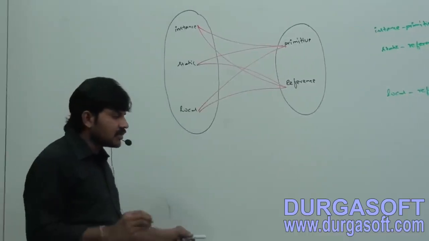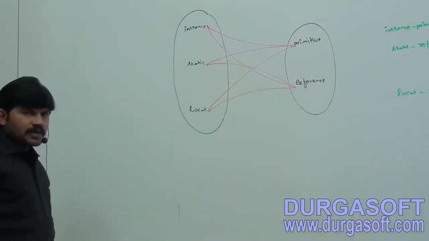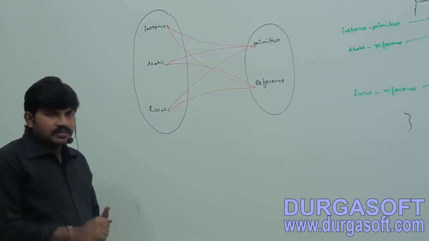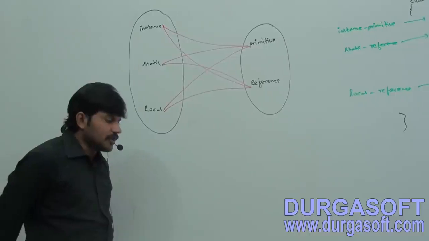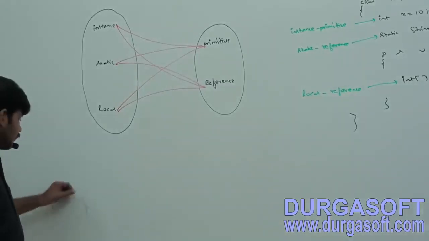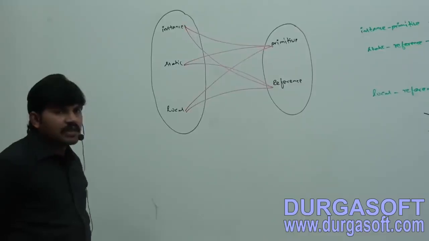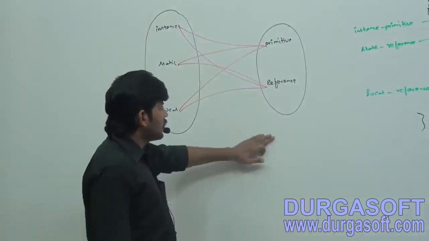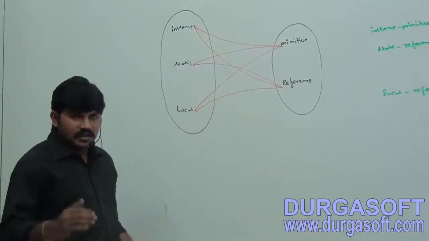Second one: every variable in Java should be either primitive or reference. Are you getting it?